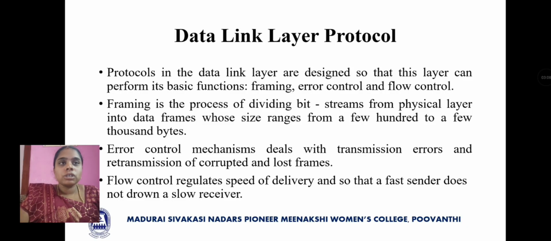Error control ensures that corrupted, damaged or lost frames are handled. If such data frames are received by the receiver, they will not be useful, so the receiver simply discards that noisy data.